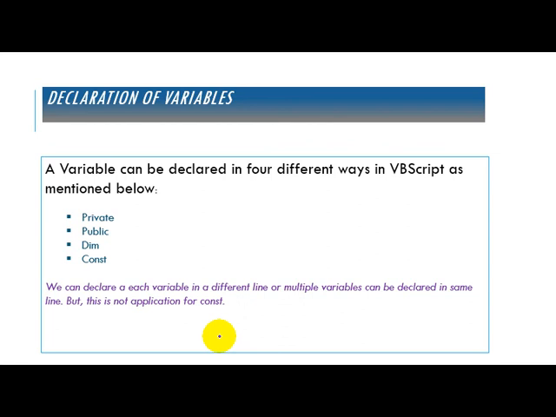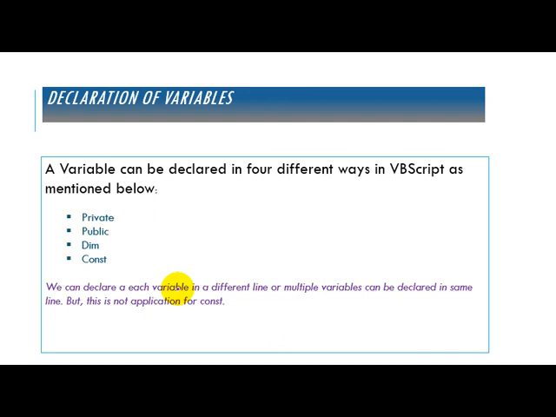Based on certain conditions, you can change it in between. But constant is not like that. Whatever value you give in the beginning, the same value should be carried throughout the program. Changing the value in between is not acceptable for a constant variable. That's what constant means. So declaring multiple variables in the same line is not applicable for constant. In constant, you can declare only one variable in one line.